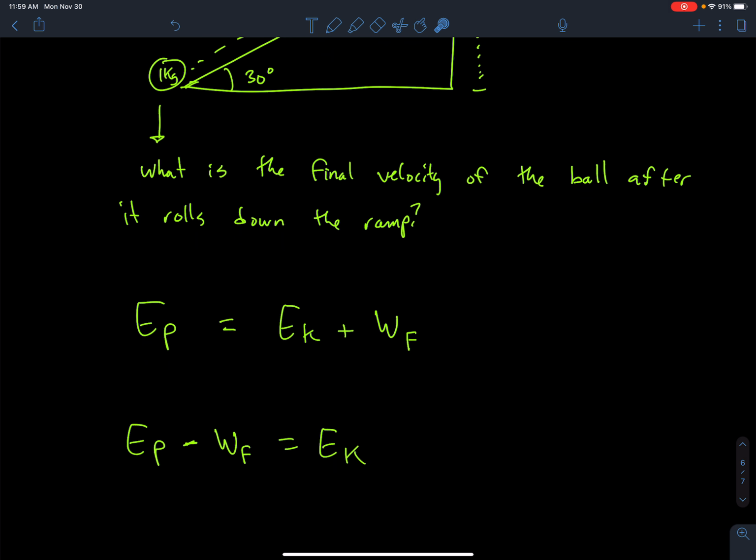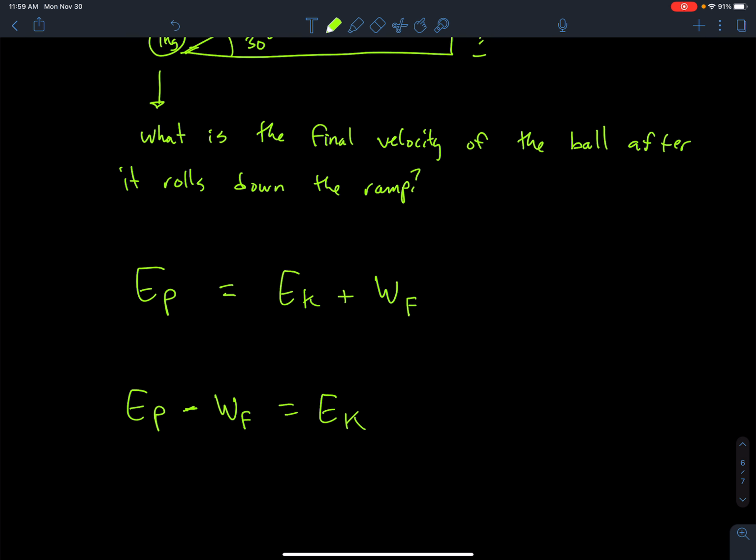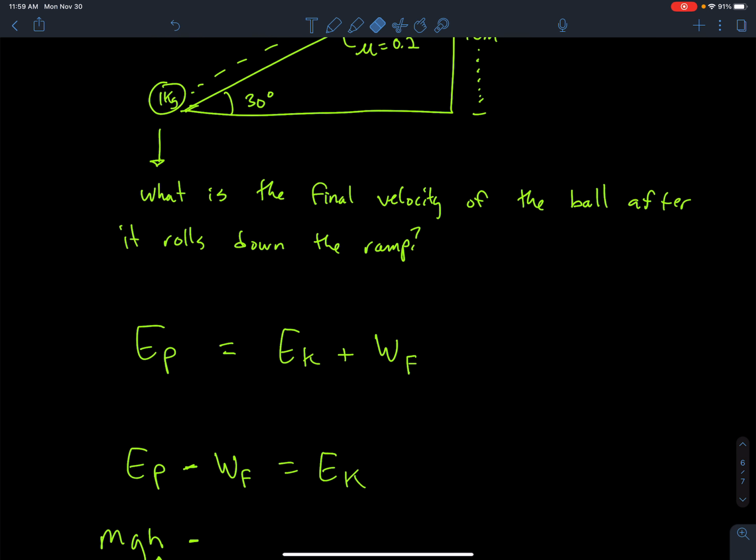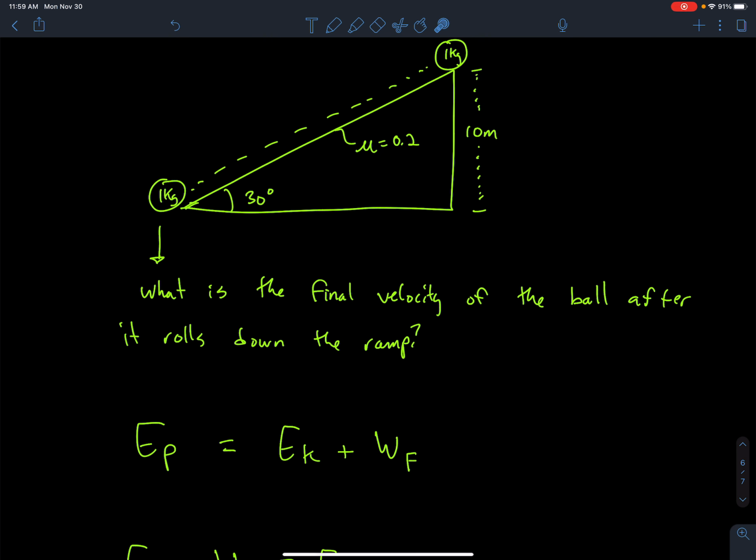Okay, so then how do I start putting this together? Well, mgh, this is my vertical distance, which I've given you in the problem, minus, so how do I calculate that? Well, it's the frictional force acting in that direction on that object for that total distance.